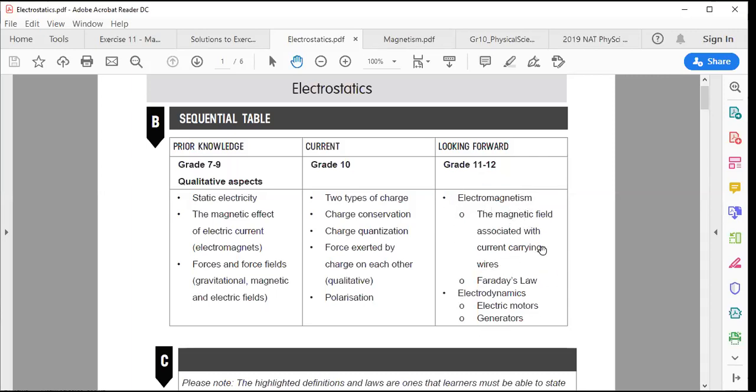You're going to look at the right-hand rule, checking how a magnetic field is generated around a wire carrying current. Then in grade 12, you're going to look at electrodynamics. You're going to look at how electric motors work, how a generator works. All that concept comes from magnetism. So here we are laying the foundation so that you understand the other concepts later on.